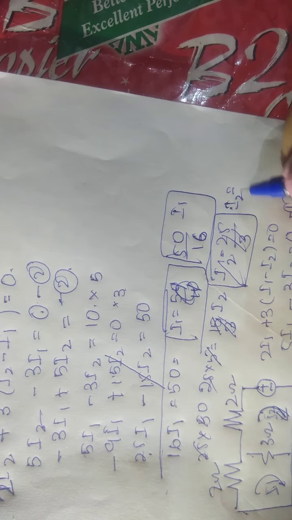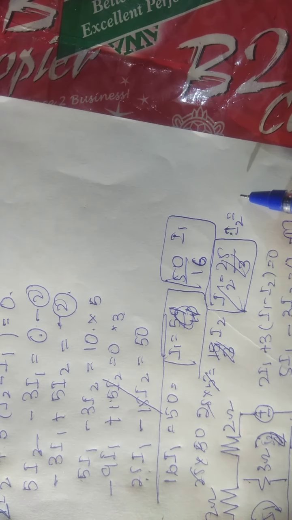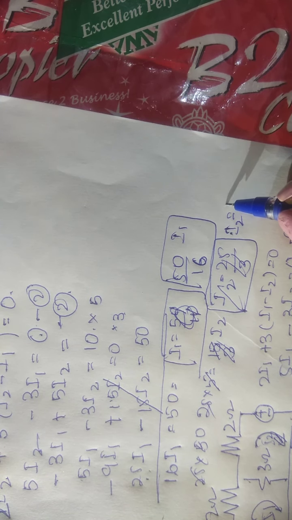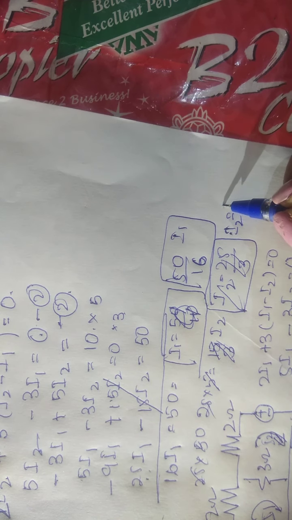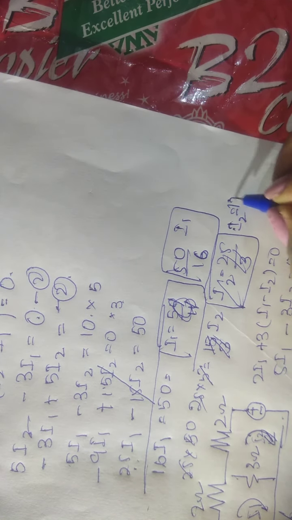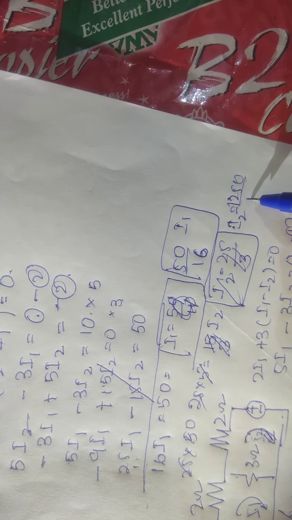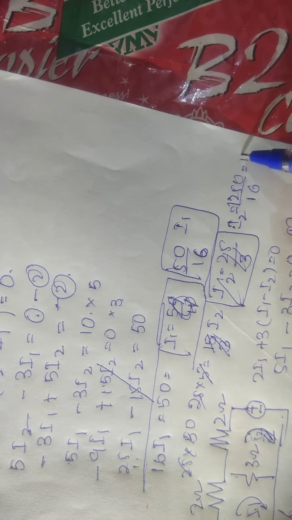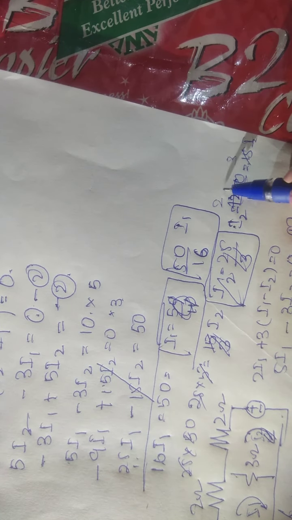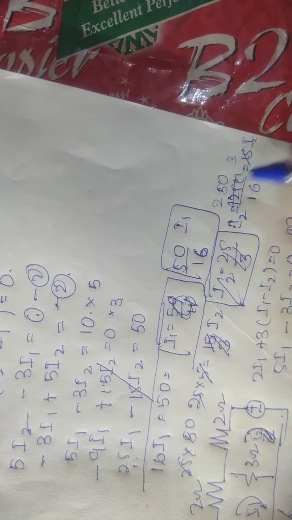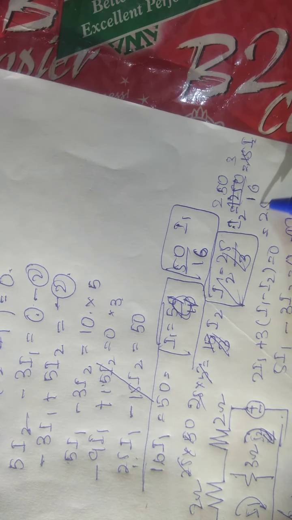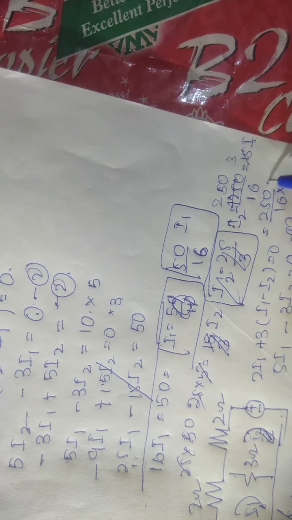I2 equals 25 into 50 divided by 16. 25 fives are 125 divided by 16 equals 15I2. 250 divided by 16 into 3.